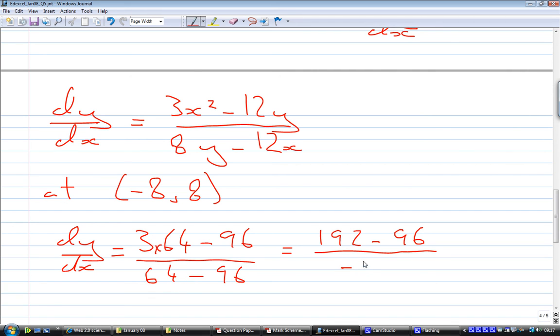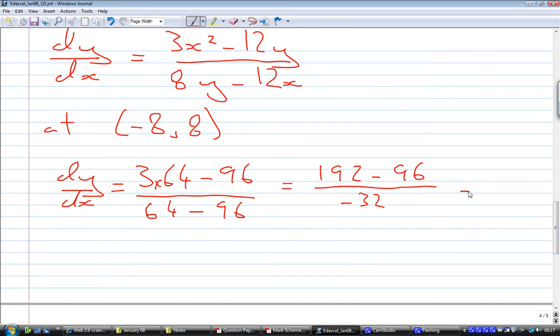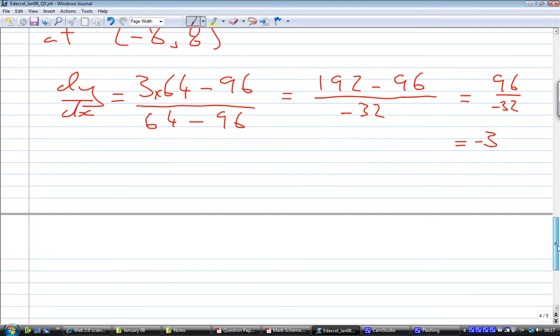But we need a negative there because the subtraction's the other way. So that's down at the bottom, and on top it's going to be 96, over minus 32, which equals minus 3.